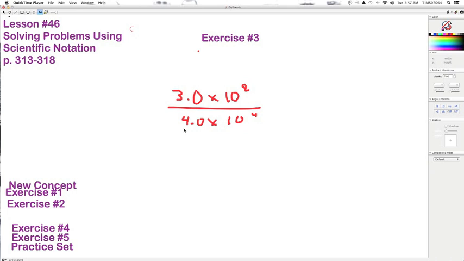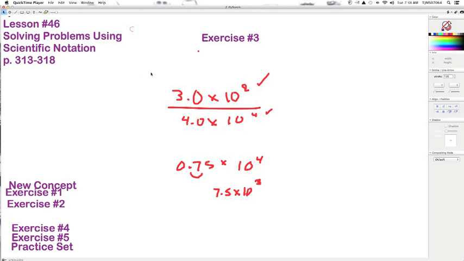Now we know 3 divided by 4 is 0.75, and we know that if we have an exponent of 8 and 4 and we divide them, we're merely subtracting, so we have 0.75 times 10 to the 4th. Now, it's not going to work here because the quotient is not in the proper form. So we're going to move this, and now we're going to say this is 7.5 times 10 to the 3rd.